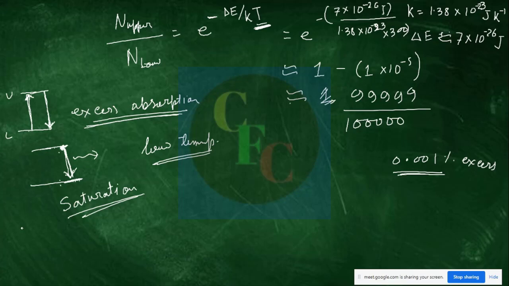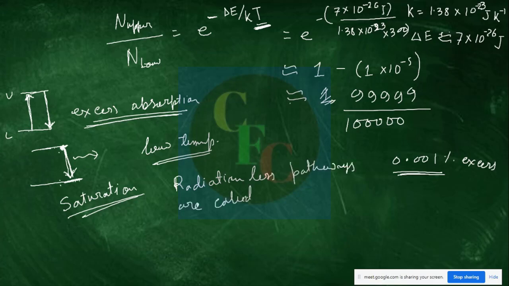Sorry, any question? Okay, so as I said, by these radiationless pathways they are reinstated. These radiationless pathways are called relaxation processes. Relaxation means relaxation of the spin from the upper state to the lower state.